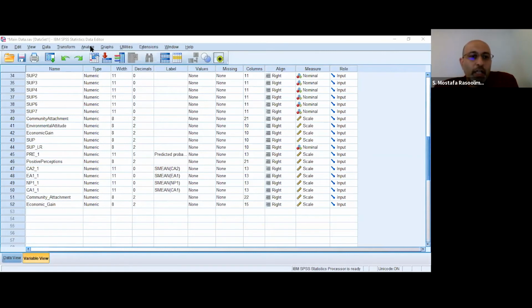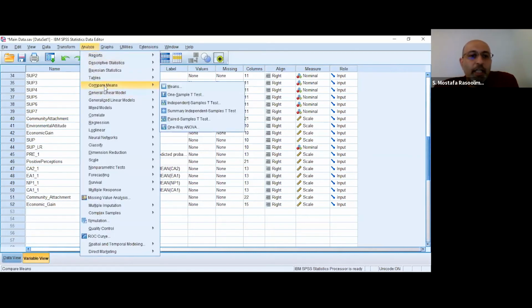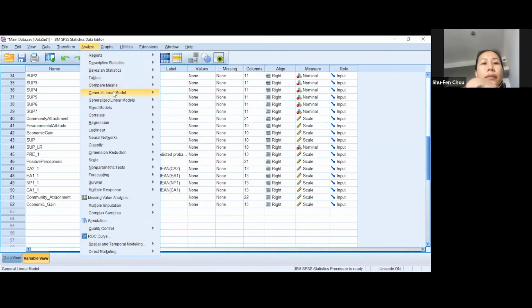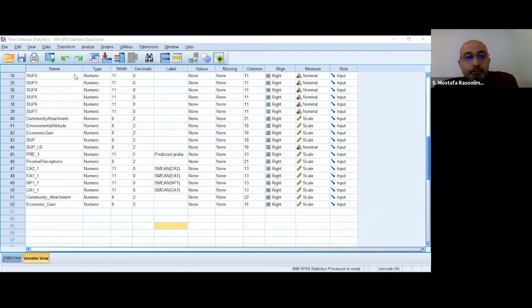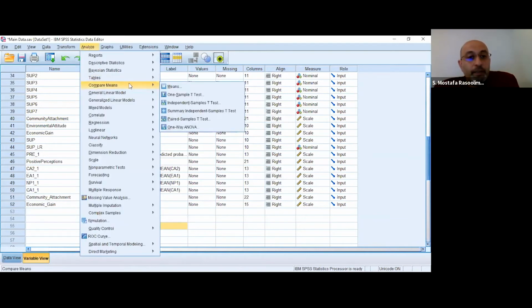We need to go to Analyze, Compare Means. For all t-tests, we have to use Compare Means, right? Okay, Compare Means, One Sample T Test, because we want to compare with a specific value.